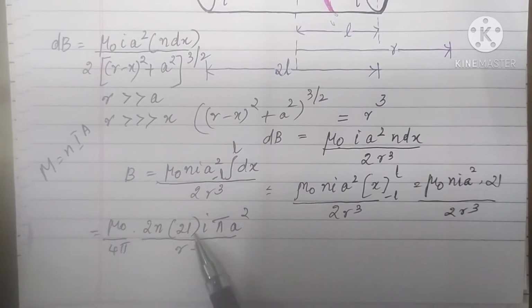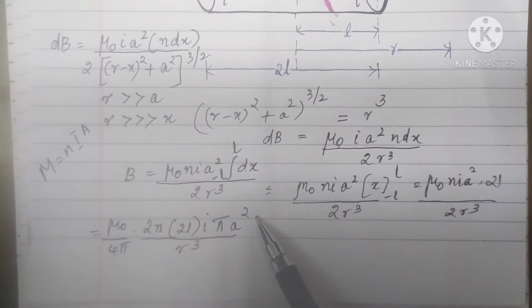Now look here. Look at this term carefully. What is this value? Here it is number of turns for the whole length, then the current is there, then pi a square will give you the area.